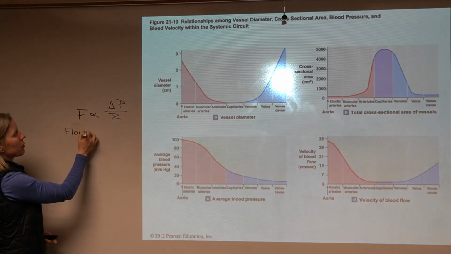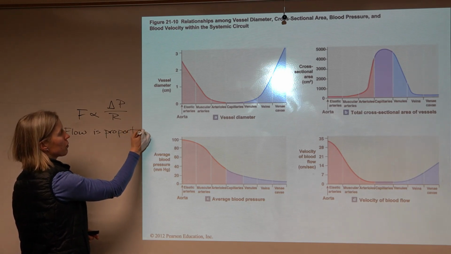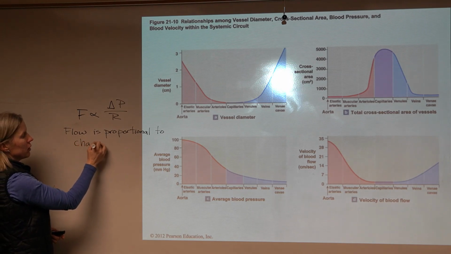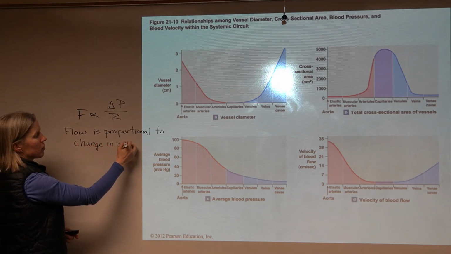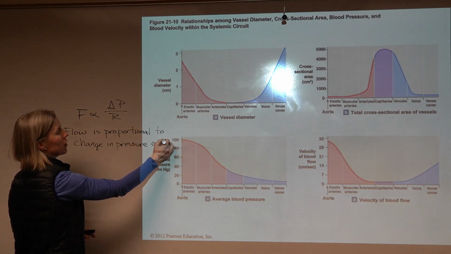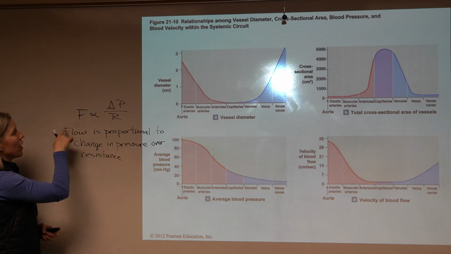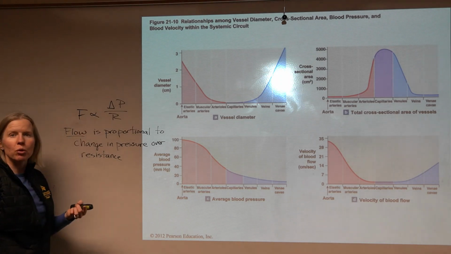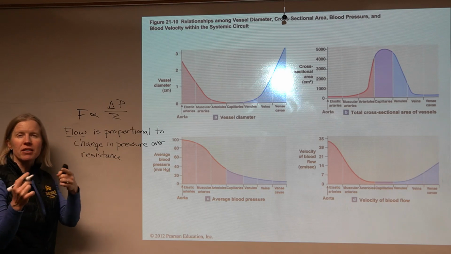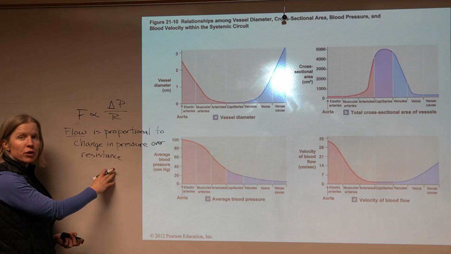Flow is proportional to the change in pressure over resistance. So F stands for flow. This little symbol means proportional. Flow is proportional to the delta, which is a change, so the delta P, the change in pressure, over resistance.